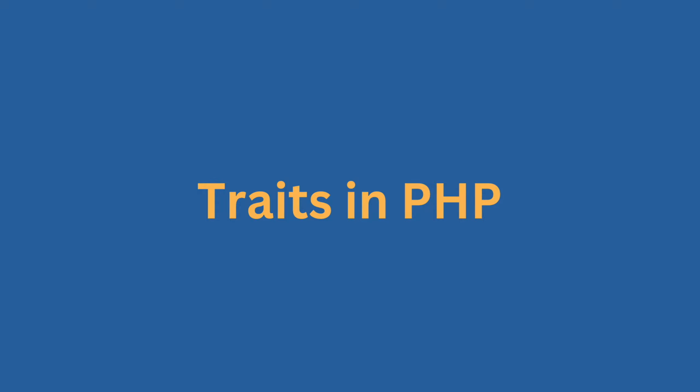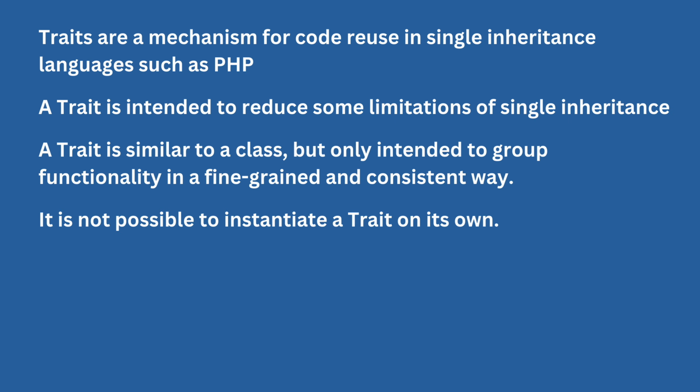So here, as I have already mentioned to you, PHP does not support multiple inheritance, and by using traits that can be overcome. How? Traits are a mechanism for code reuse in single inheritance languages such as PHP.